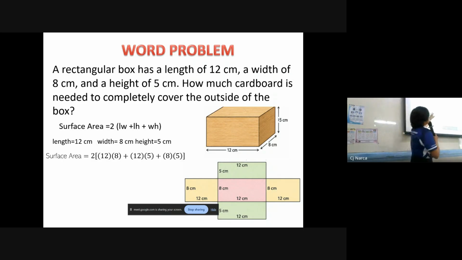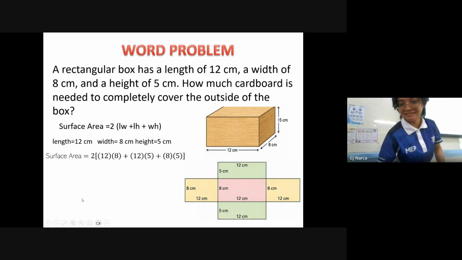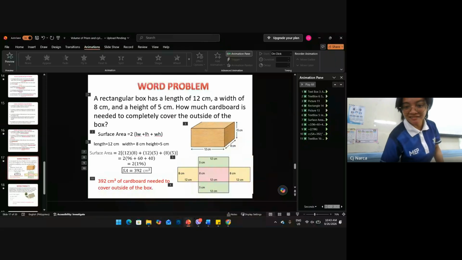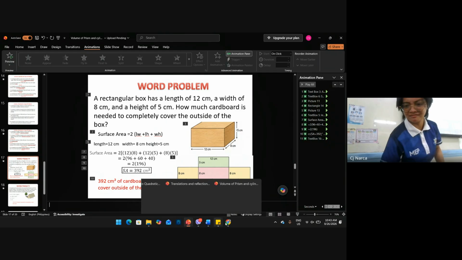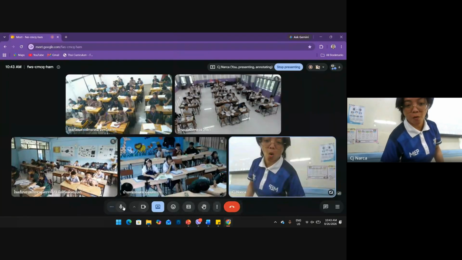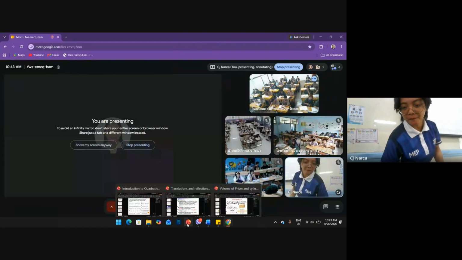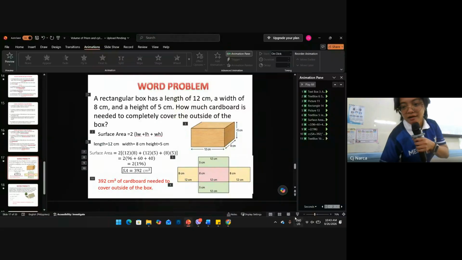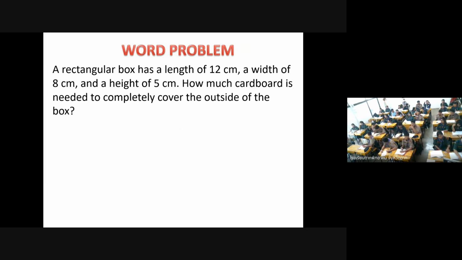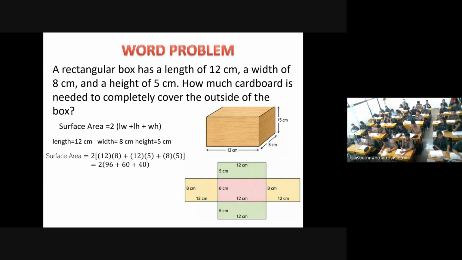So 12 times 8, what is the answer? 96. Okay, so we have 96, and then we have 60, and then we have 40.